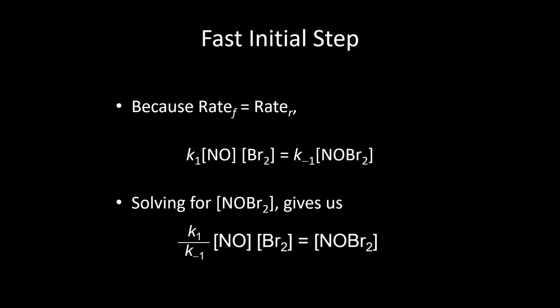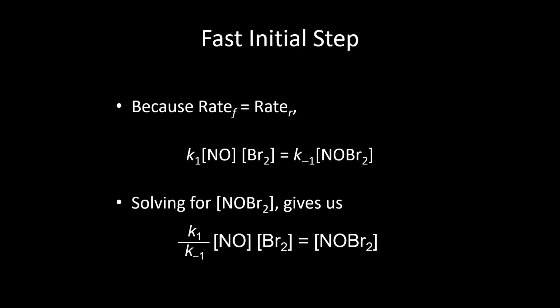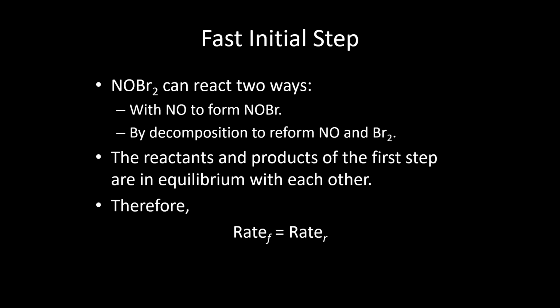I won't give you any more information than that, but I will just say that you do need to know how to look at a mechanism and work out what the rate law would be based on that mechanism. It's exactly the same way we did here in the videos.